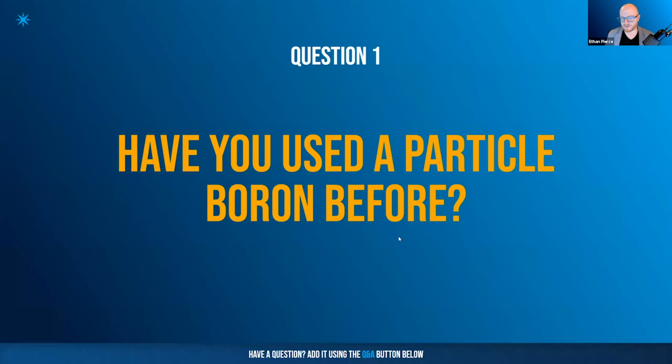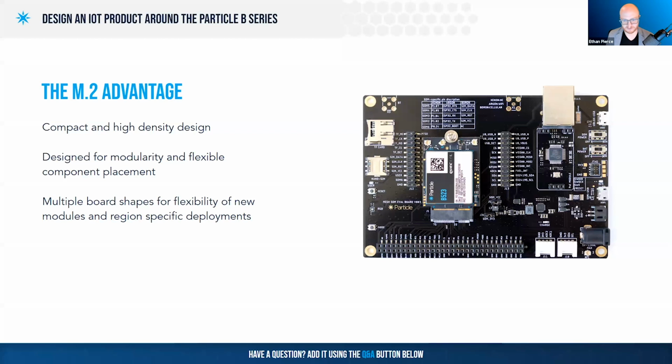Now that we have a framework, we'll dive a little bit more into the M.2 advantage and why we picked, for this webinar, building on top of the M.2 SOM. The value really is that it's a super compact module with a super high density connector design.